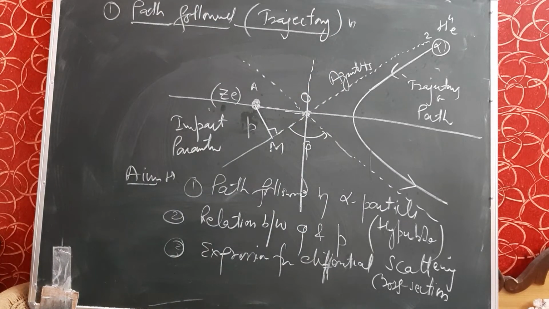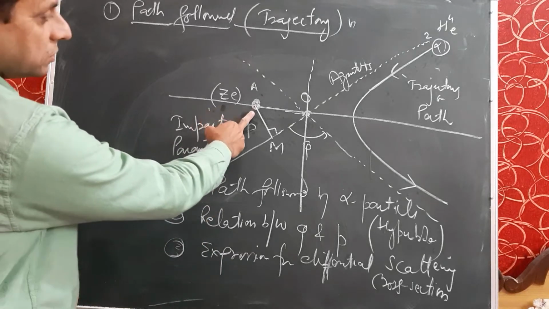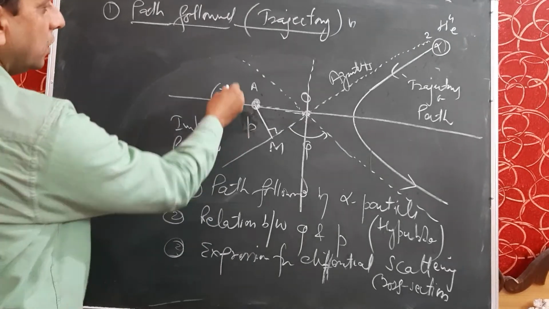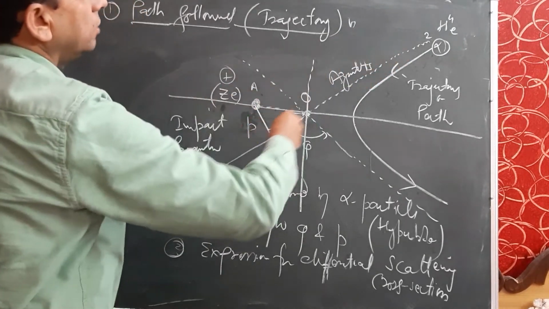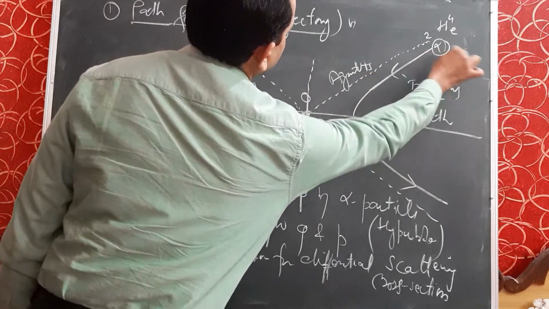For proving the path followed, we will use the concept of force of interaction. The nucleus has positive charge, and the helium or alpha particle also has positive charge.